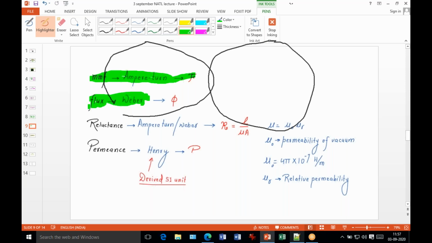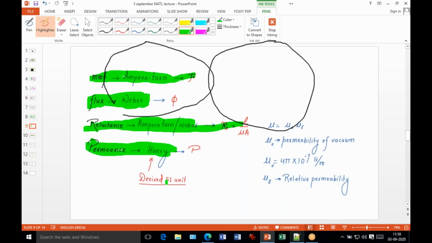I am reviewing all the units, because if you do not write the units in your numericals, of course your 1 or 2 marks may be cut. The reluctance unit is ampere turn per Weber, and then the permeability unit. These are all SI units.